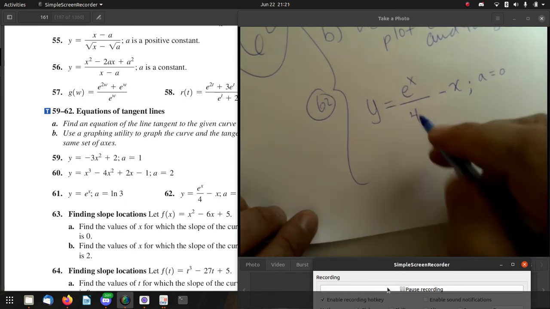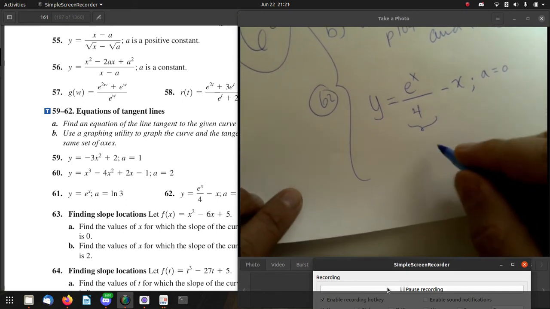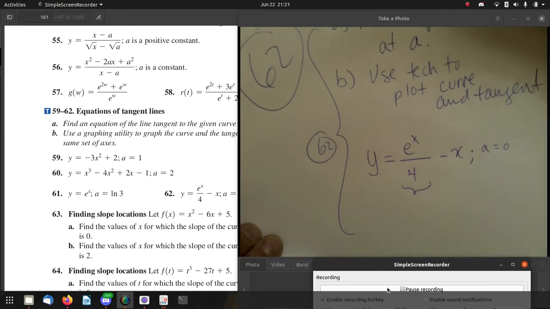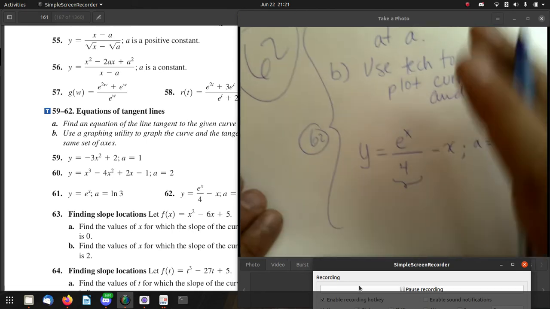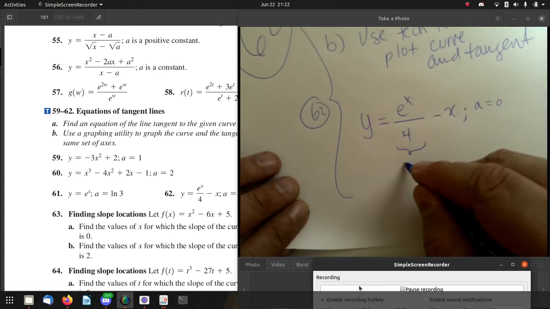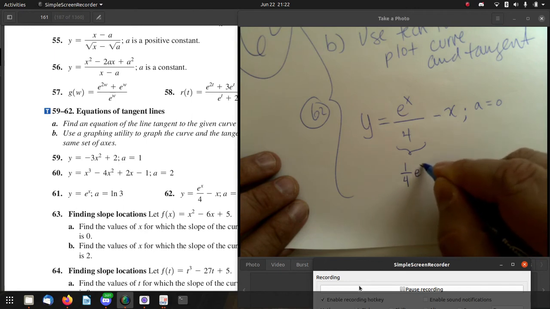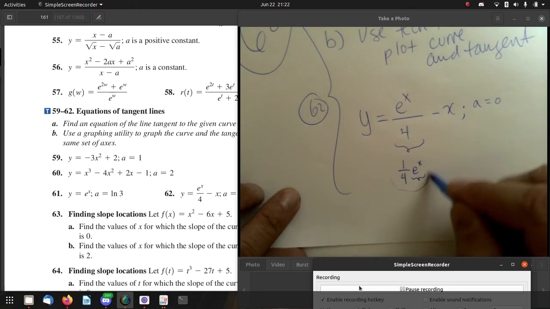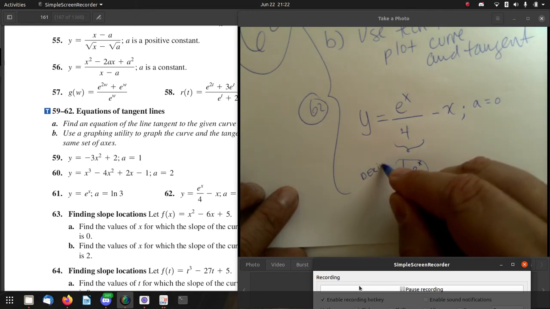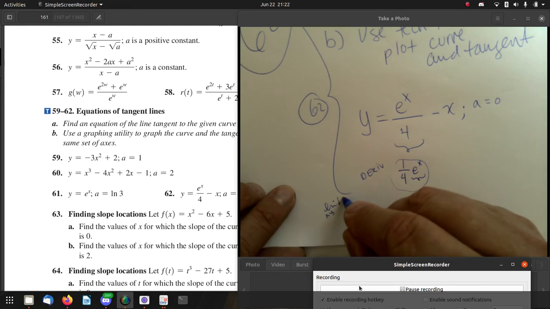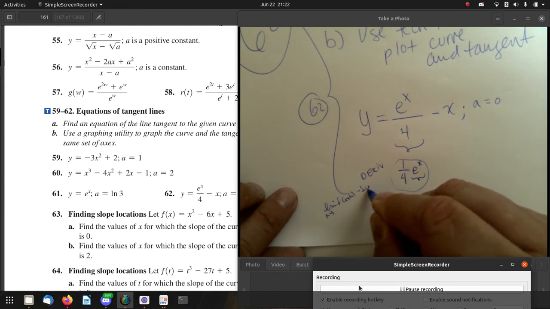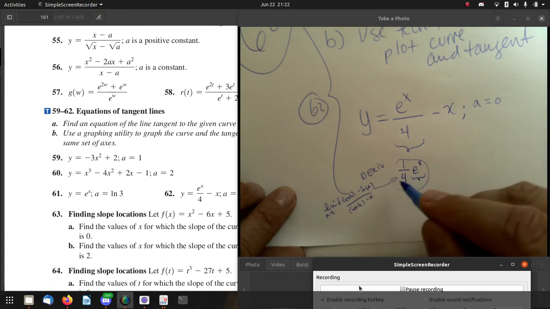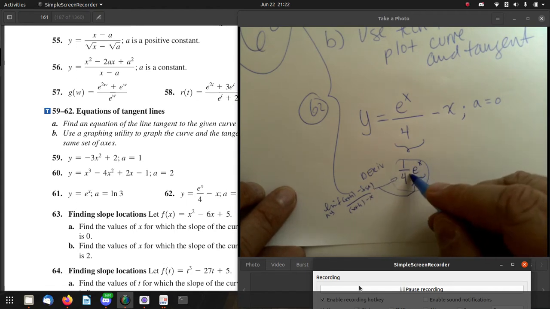the derivative of a constant times another function is just the constant times the derivative. I don't want to take too long on this, but this is the same as 1/4 times e to the x. And remember, to do the derivative of all of this, we're doing the limit of the difference quotient of this and this.